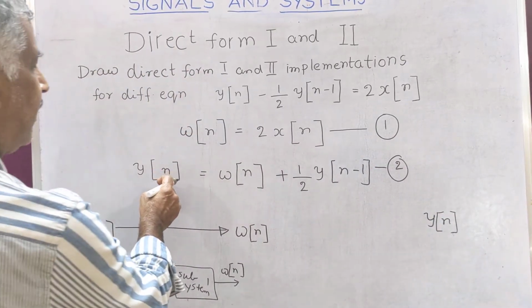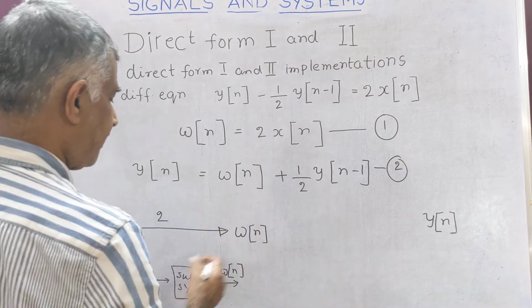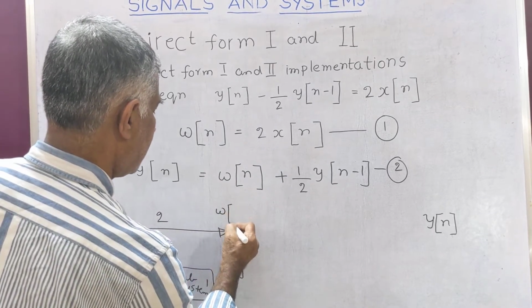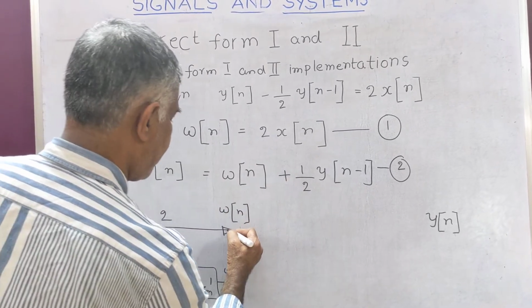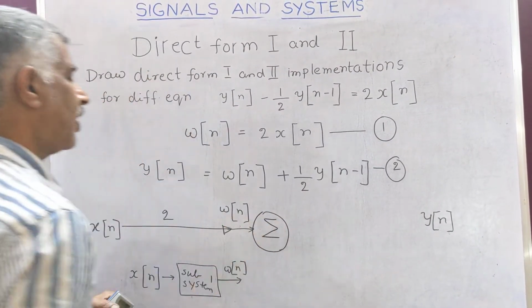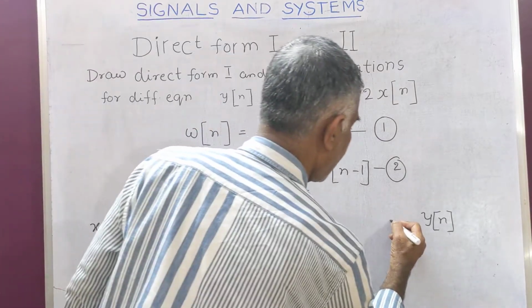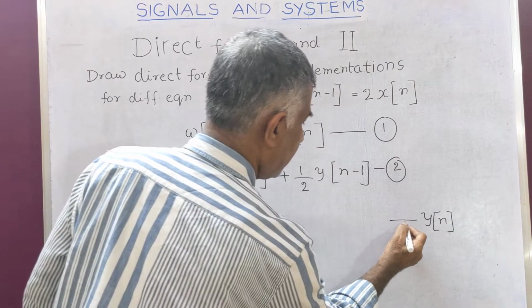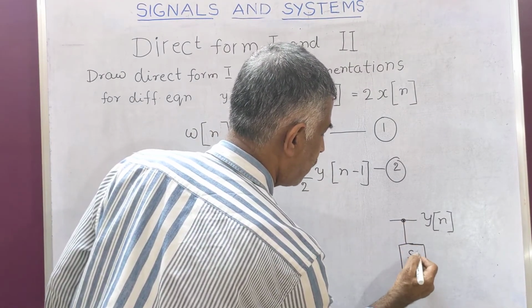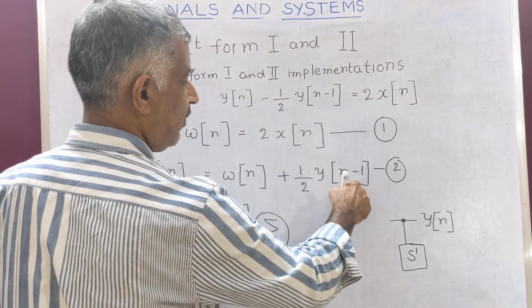What is y of n? y of n is the summation of these two, that is w of n plus y of n minus 1, so here I will write the summer. y of n minus 1 means a shift of 1 unit.